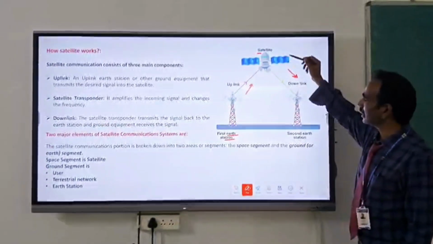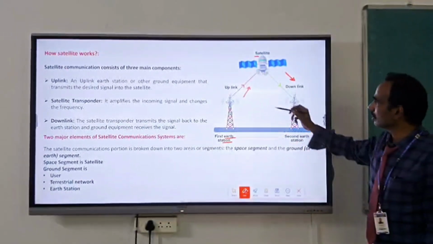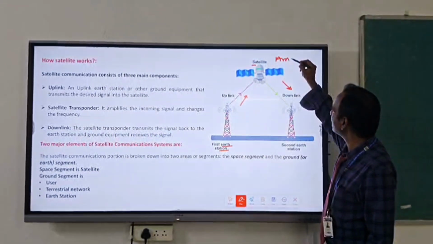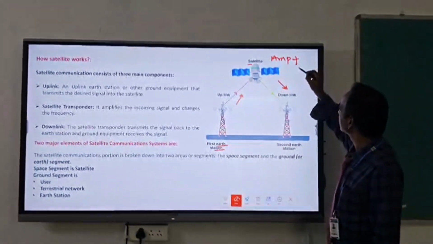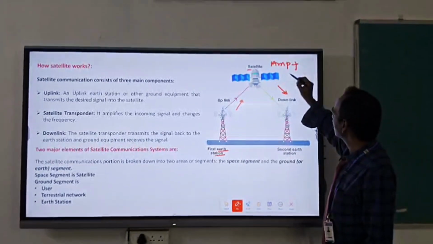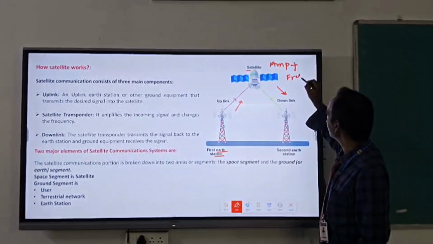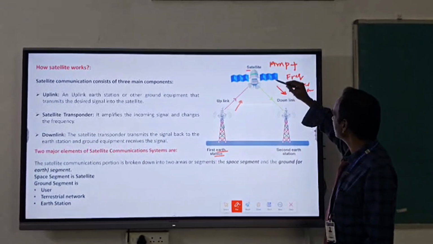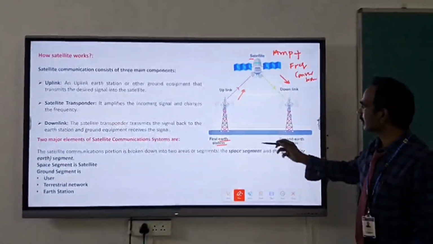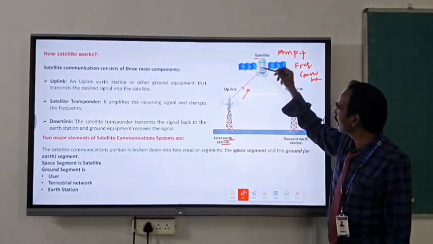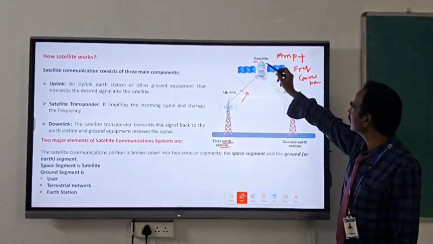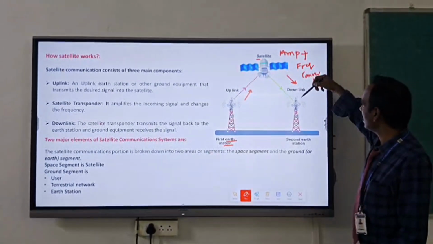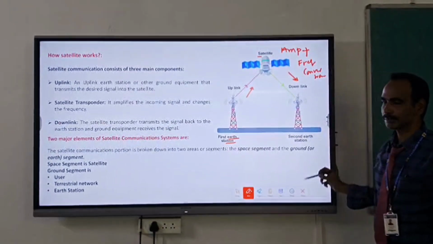The satellite has a transponder. The satellite receives the uplink signal, performs amplification and also frequency conversion, and sends it back to the destination. The transmitted signal reaches the satellite via uplink, and the satellite transponder performs amplification and frequency conversion, and sends it back to the other station via downlink.